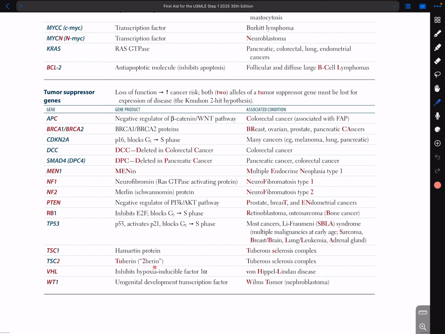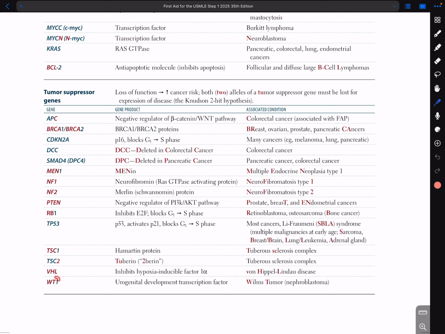VHL inhibits hypoxia inducible factor 1 alpha, and the associated condition is von Hippel-Lindau disease.